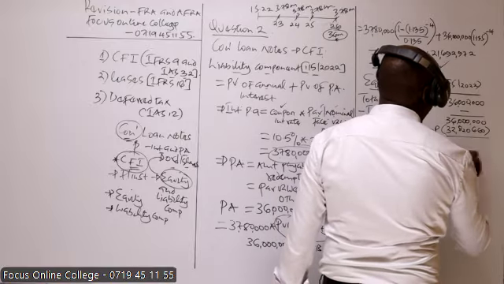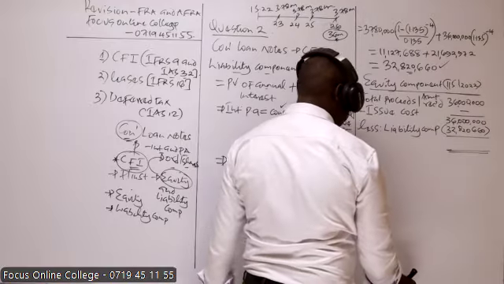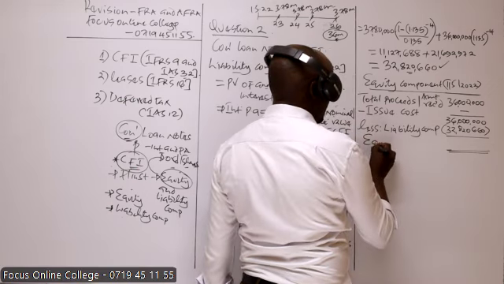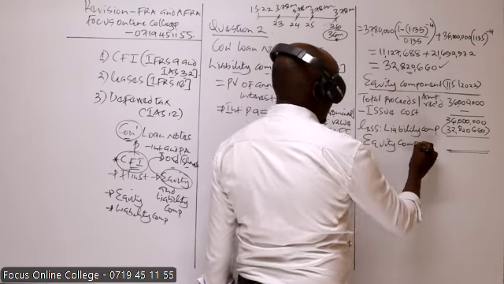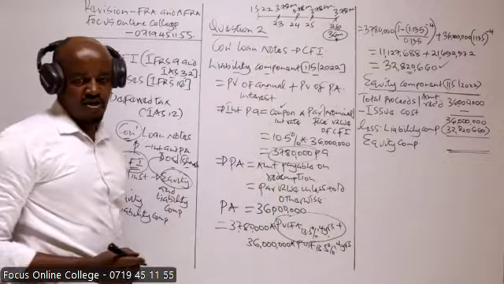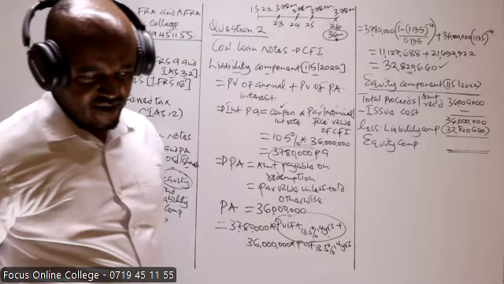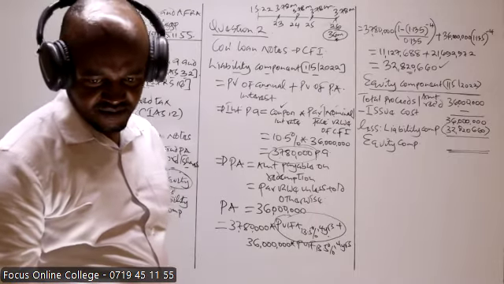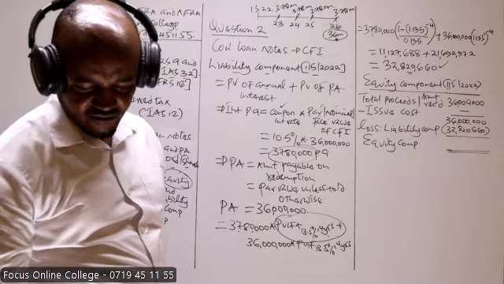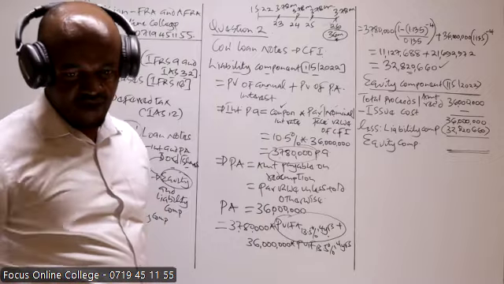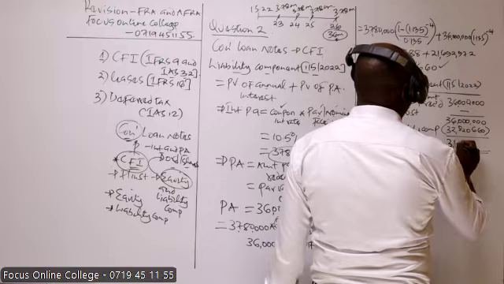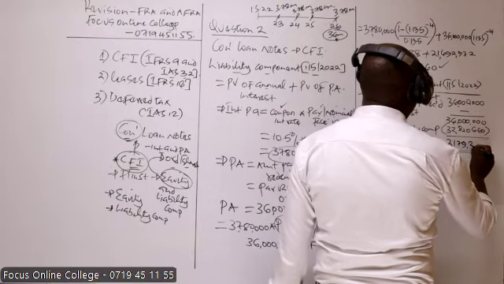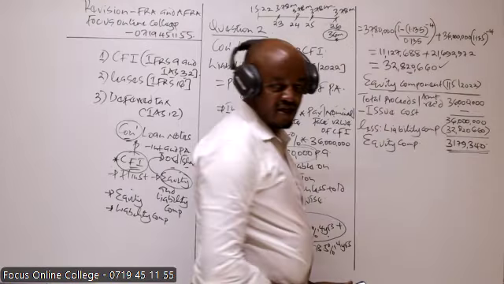The difference is basically the equity component. So how much is our equity component here? The difference between those two values. Yes, the equity component should be 3,179,340.